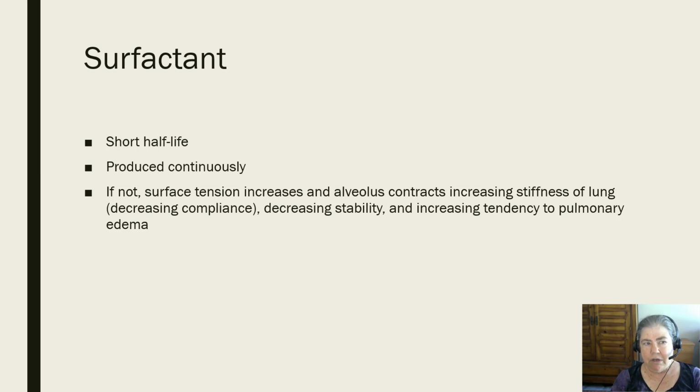Surfactant, I mentioned earlier, is a substance that's produced by cells in the alveoli, and it is continuously produced after about 32 or 33 weeks of gestation. So premature babies sometimes can't make sufficient surfactant, but once you can make surfactant, you make it all the time.